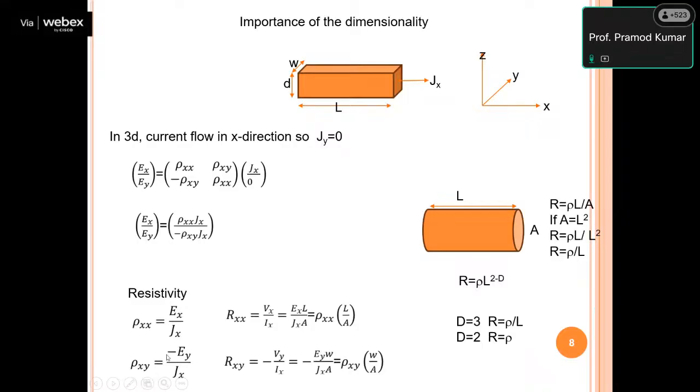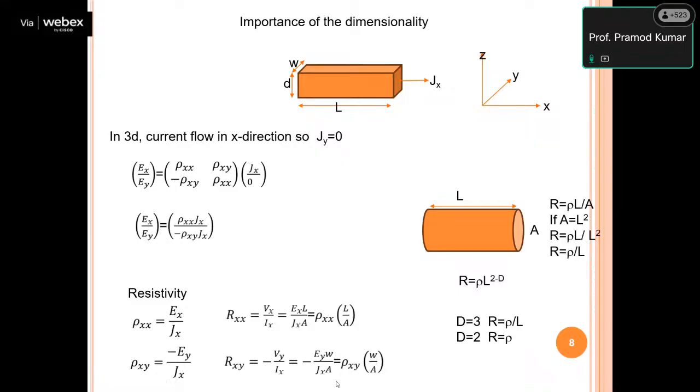So basically rho xy equals minus Ey by jx. So rho xy equals minus Vy by Ix, or minus Ey, width, divided by jx A. So basically, if you measure in a three-dimensional material the resistance or resistivity, both are different because a dimensionality component is there. Only I wanted to say this point here. So resistance and resistivity are not exactly the same in 3D material.